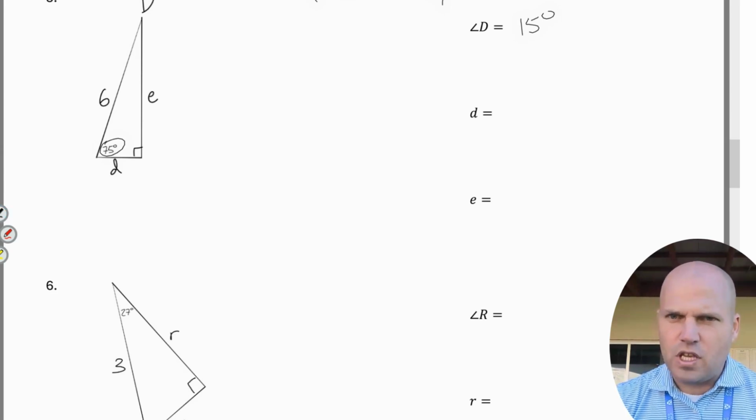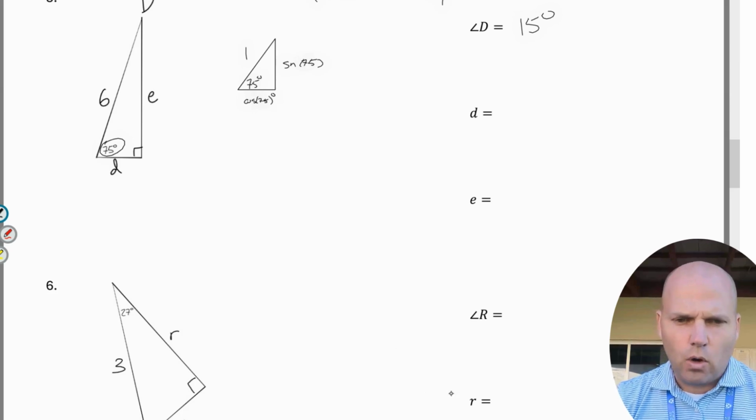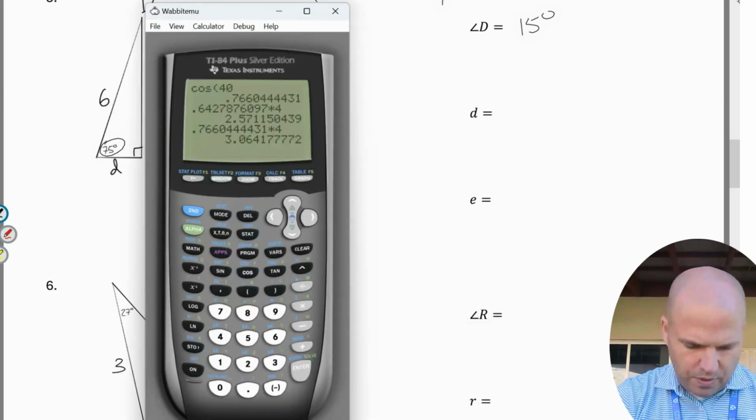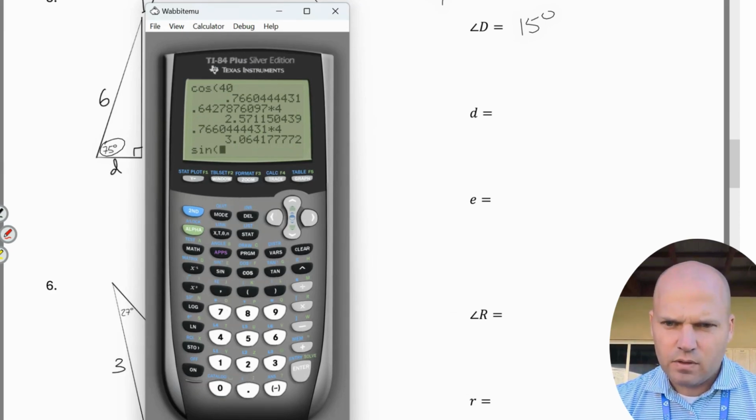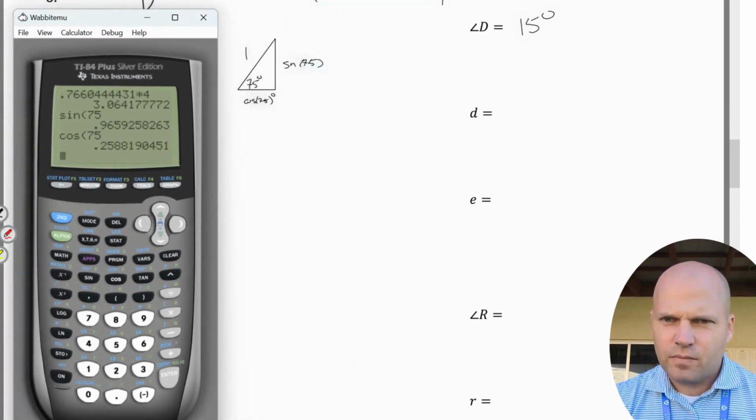I know for the triangle with a hypotenuse of 1, that this would be the sine of 75 degrees, and this would be the cosine of 75 degrees. Or you could just type in the sine of 75 and the cosine of 75. Understand those ratios.